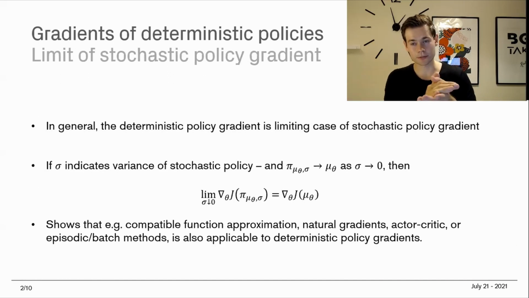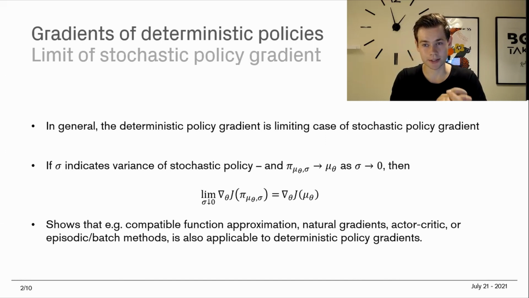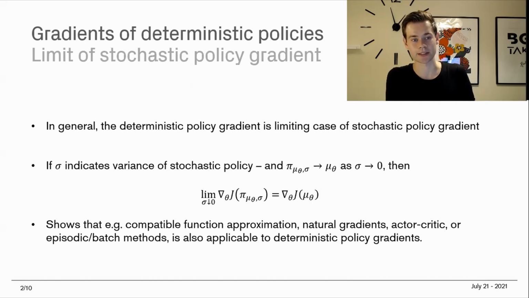But there is a result in the paper that tells us that this is the case. There's a proof in the appendix, but we won't go through that here. It's mainly for intuition. So in general, the deterministic policy gradient is the limiting case of the stochastic policy gradient. It doesn't really look that way from the expressions we saw on the last slide, but that is indeed the case.